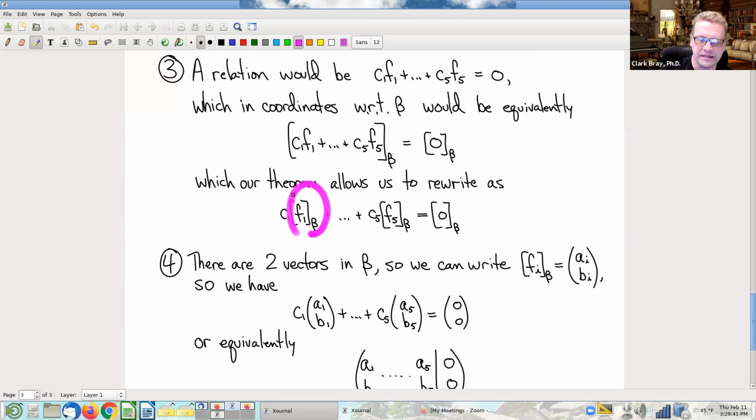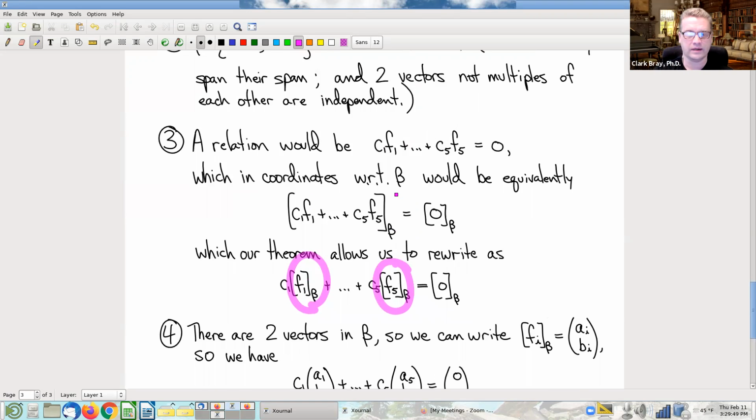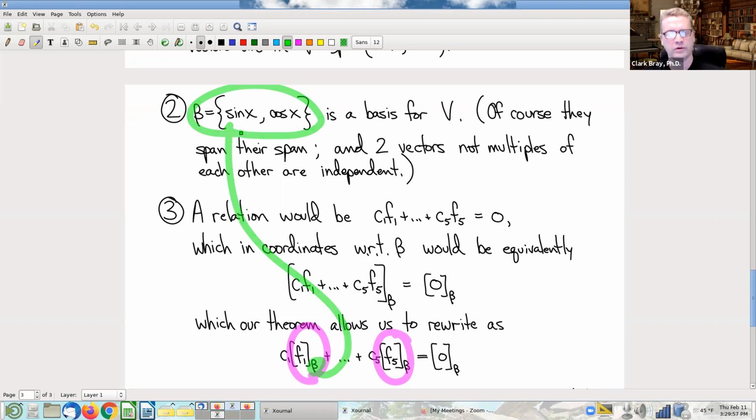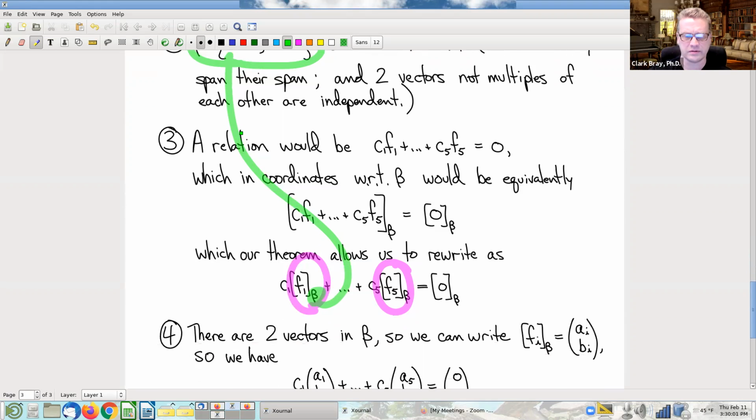Let's look at these individual coordinates. What might be, for example, the coordinates of F1 with respect to beta? Well, don't forget what beta is. Beta is a list of just 2 vectors. So coordinates is going to be just a pair. It's going to be two numbers.